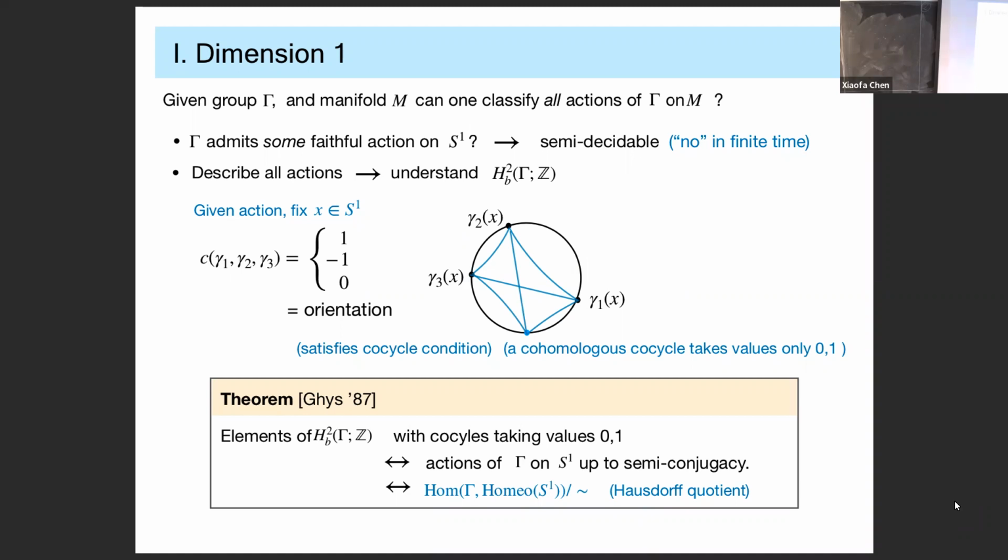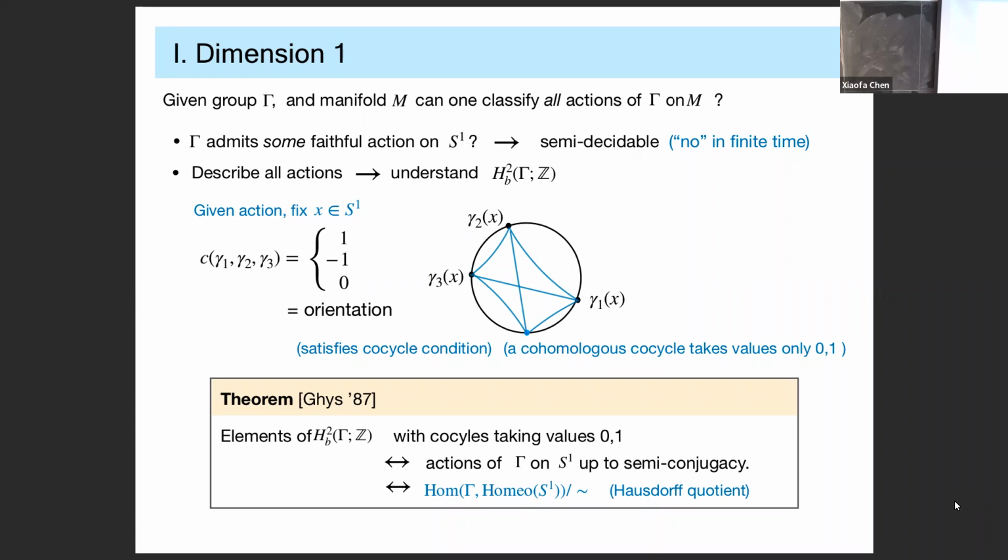So if you collapse all the non-separable points, the things that can't be separated by open sets, you declare to kind of be the same. If you pass to the Hausdorff quotient, you get exactly actions up to semi-conjugacy. Think of this Hausdorff quotient as the things that you can detect being different by continuous functions, by things you can actually do.